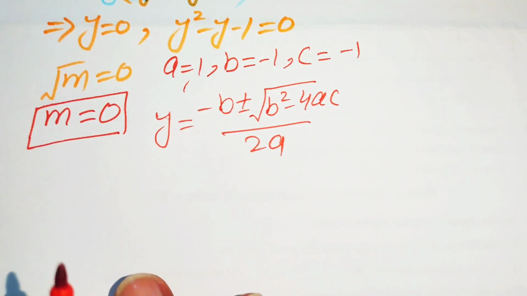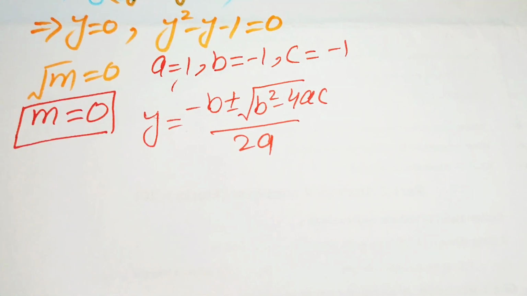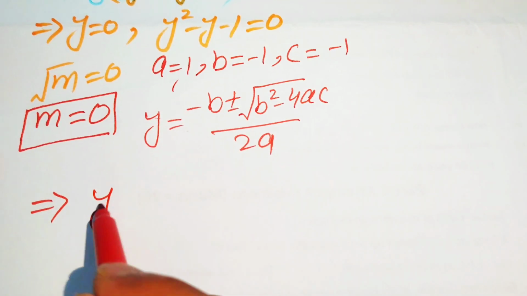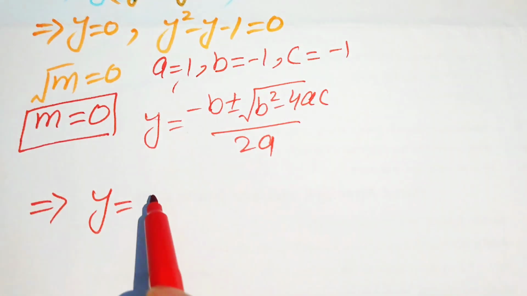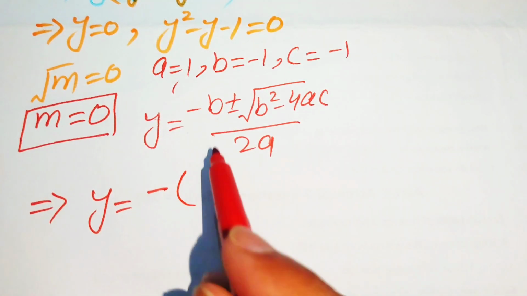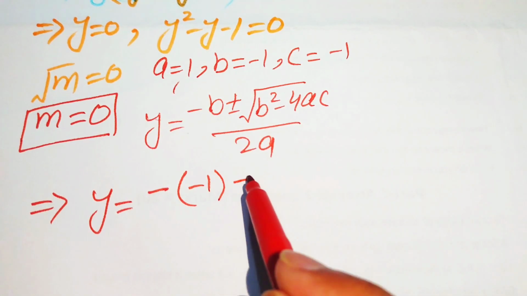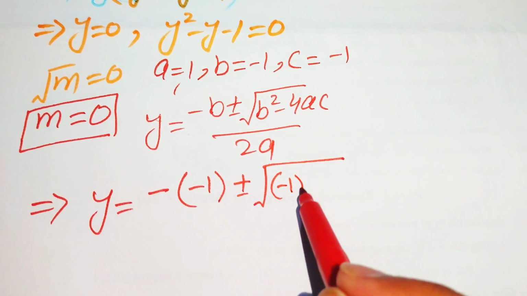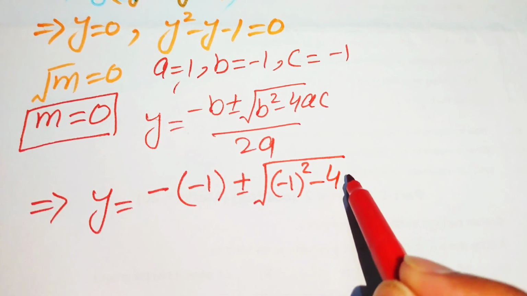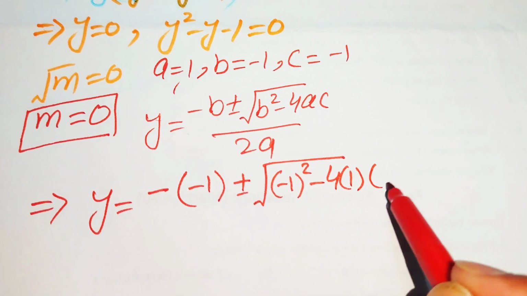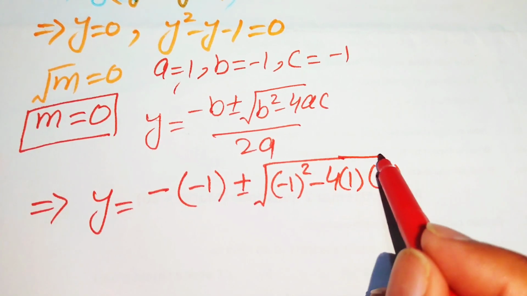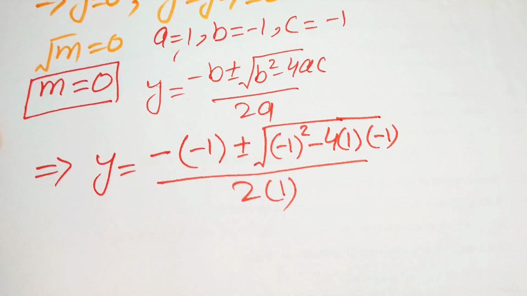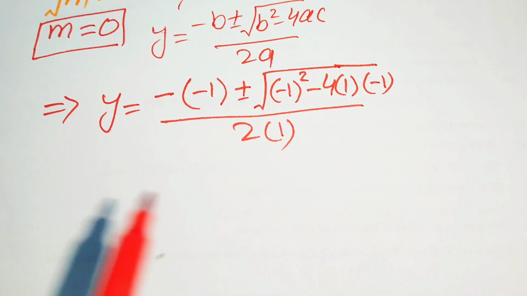This is our quadratic formula, and now we substitute the values of a, b and c into this formula. We get y equals minus b, so minus times minus 1, plus minus square root of b square, so minus 1 square, minus 4 times a which is 1, and c which is minus 1, all divided by 2 times a, and a is 1.